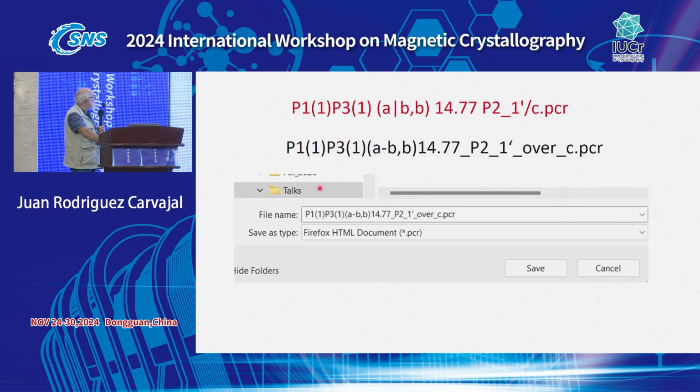And then what I do is just to paste. But remember that this was the original copy that I told you about. Up to here the .pcr is otherwise, but here you see this is P21 prime over C. We have a blank, a white space here, etc. And you also have the pipe symbol in Linux, for instance.